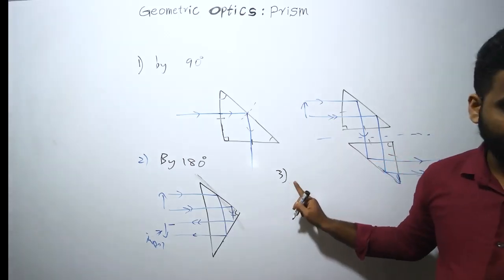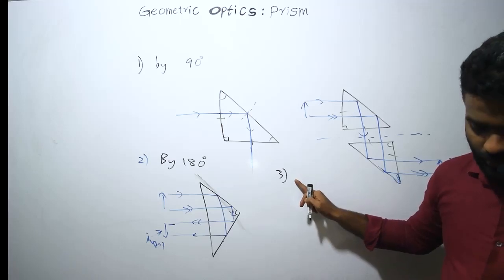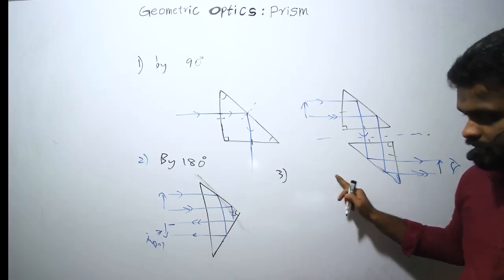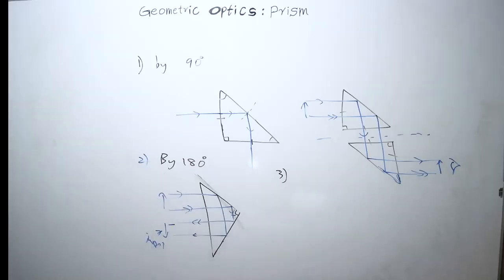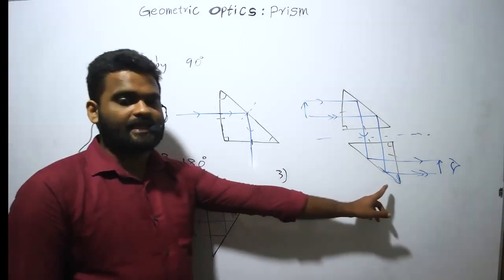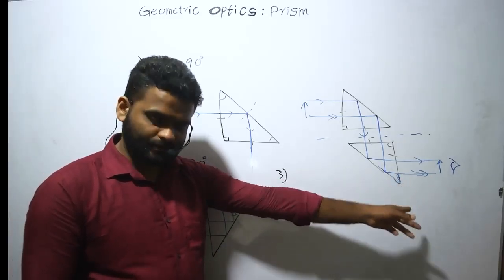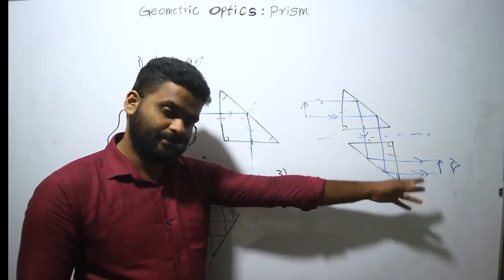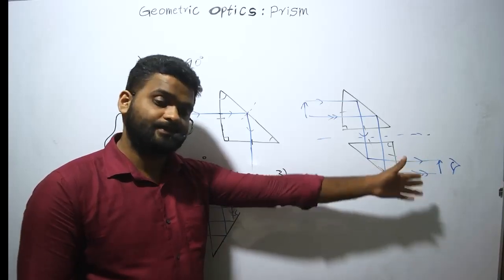Right. Third one, write down: without deviation, take in an inverse image.